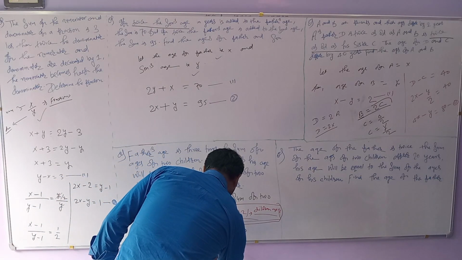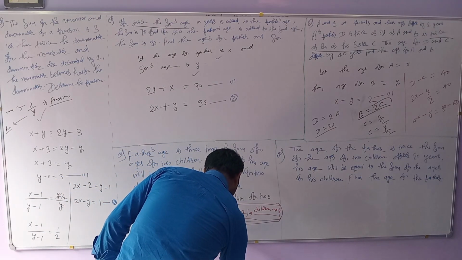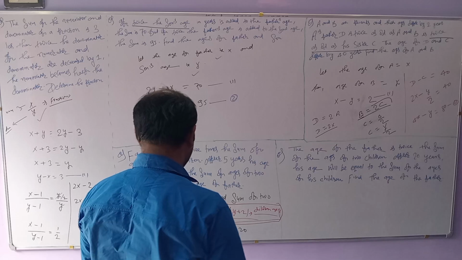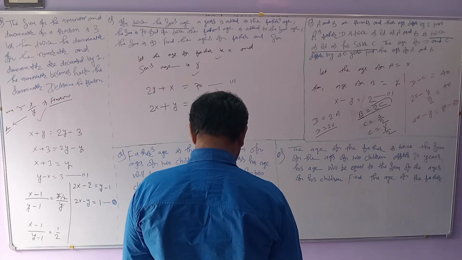That becomes x minus 2y equal to 50. Well, we get the equation.